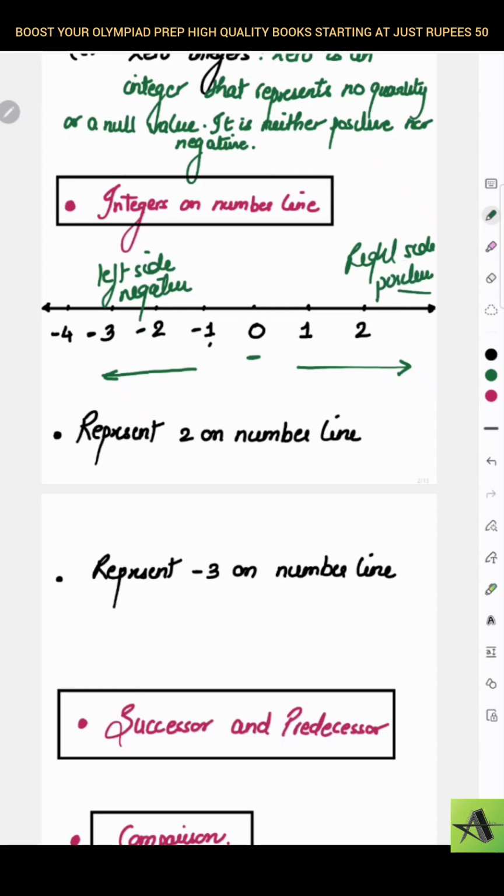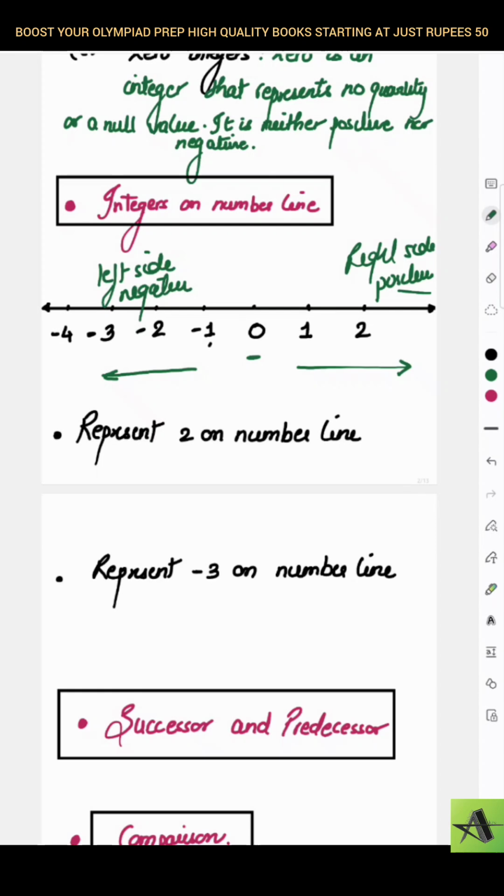If you move towards the right hand side, the number always increases, whereas if you move towards the left hand side, the number always decreases. That's why, when comparing two numbers, the number line helps: the number on the left side is always smaller than the number on the right side.